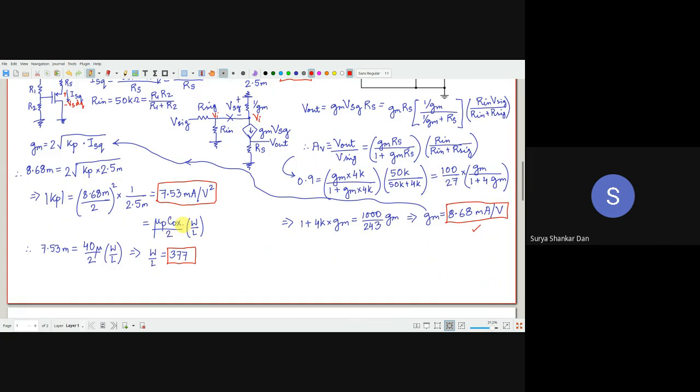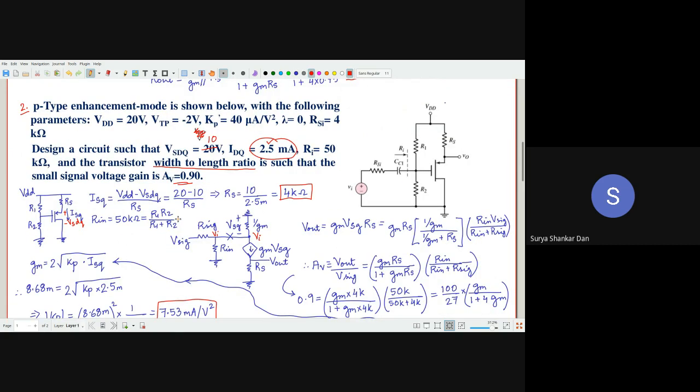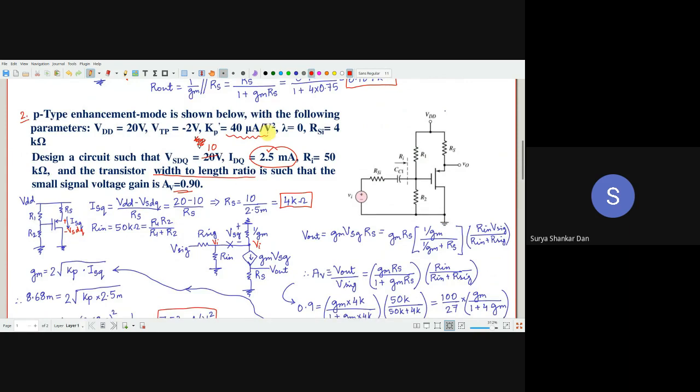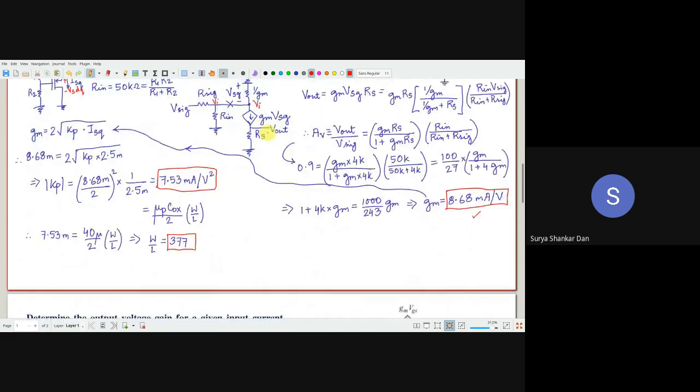Now mu p Cox by 2 is provided. Look, Kp dash is given in the problem. So all we shall do is put in the 40 micron instead of mu p Cox and find out the W by L. That is your answer.